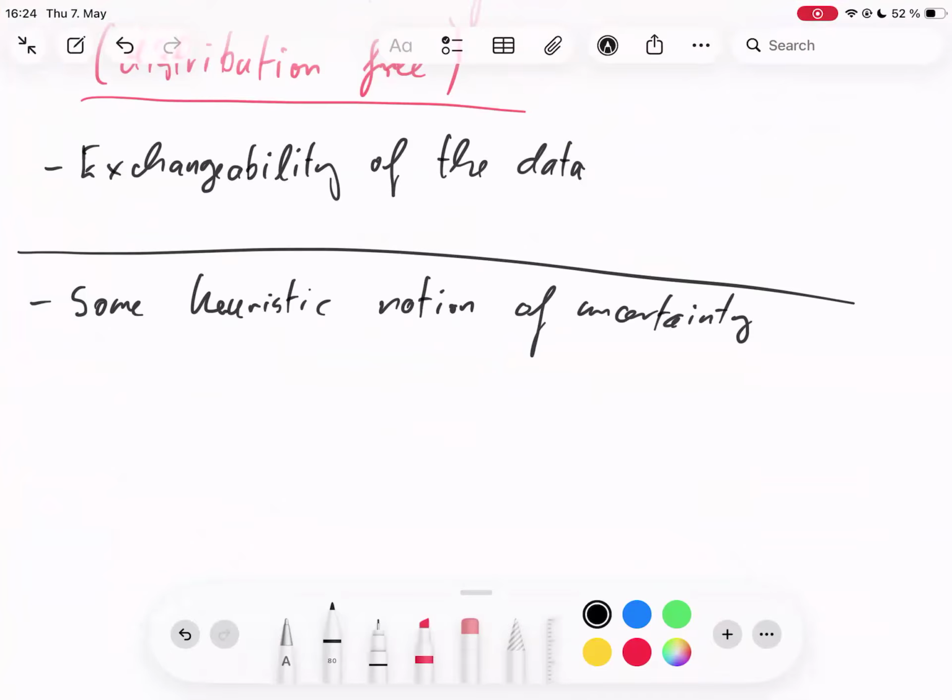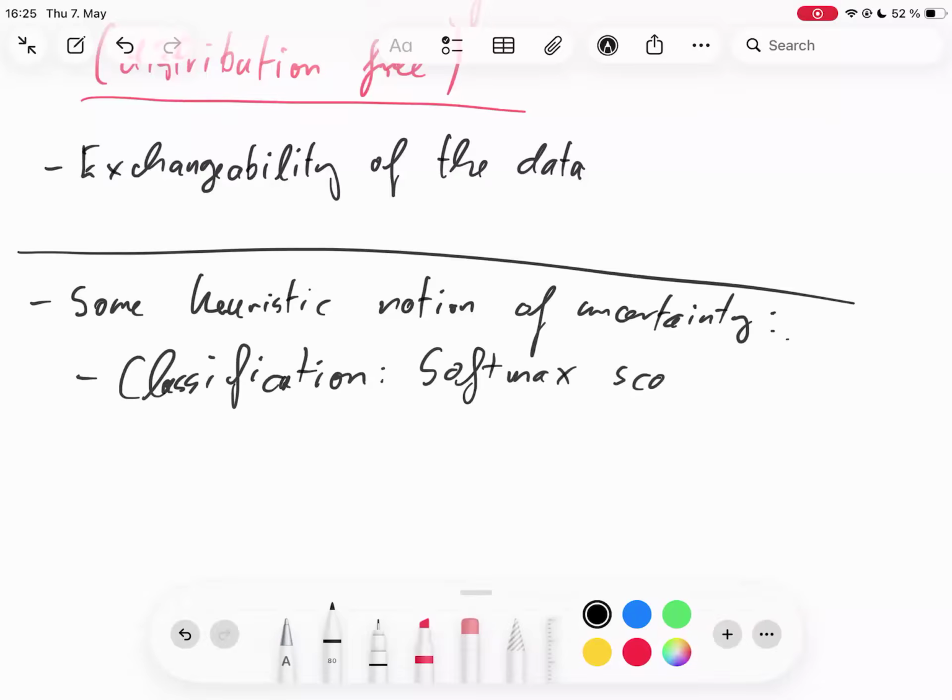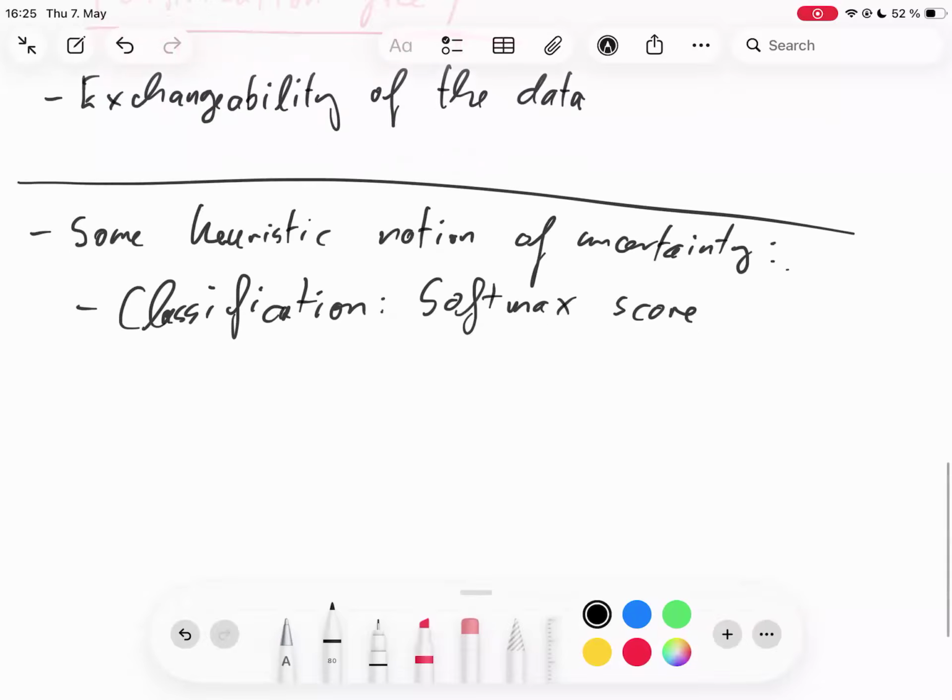Depending on your exact problem, for example, if you do classification, this could be the softmax score. I'll show you in a moment what the softmax score does.